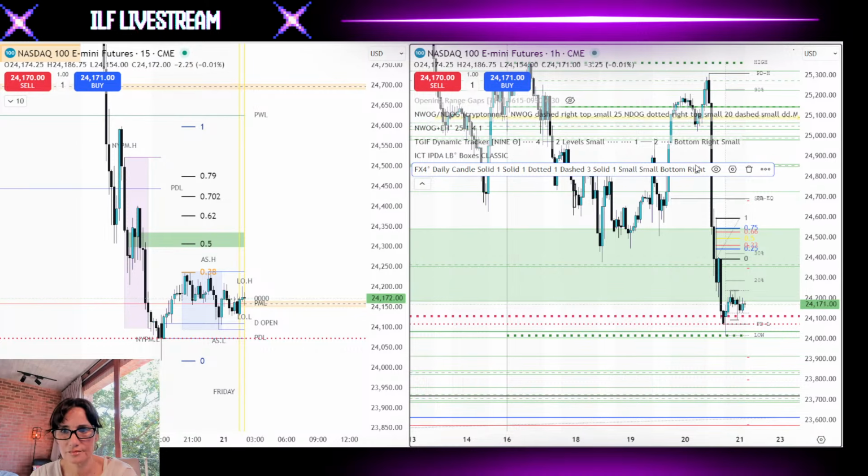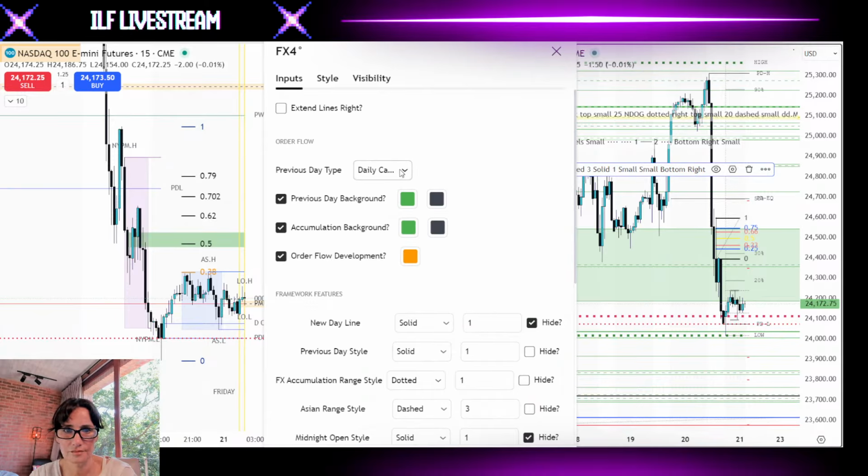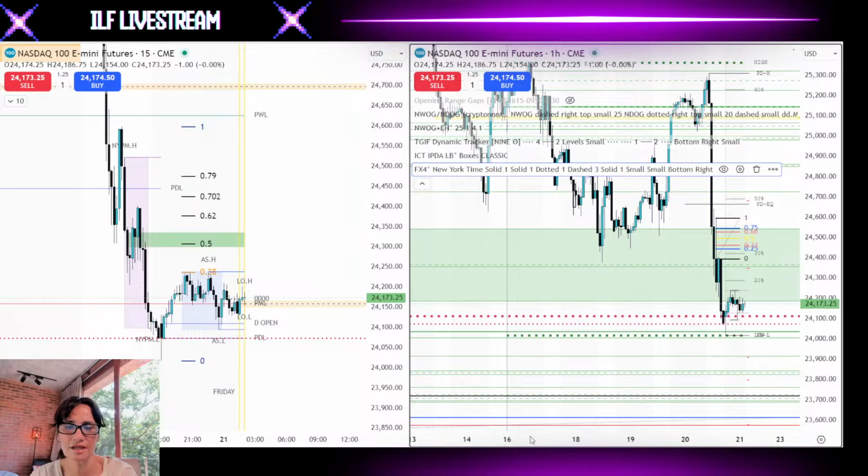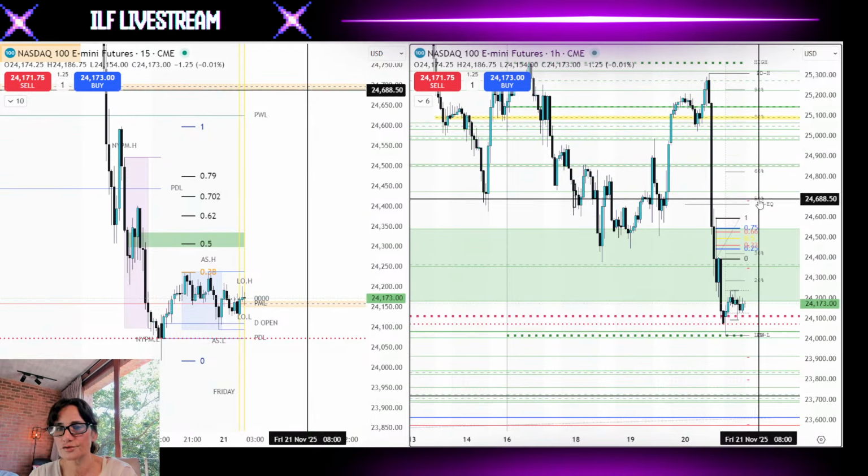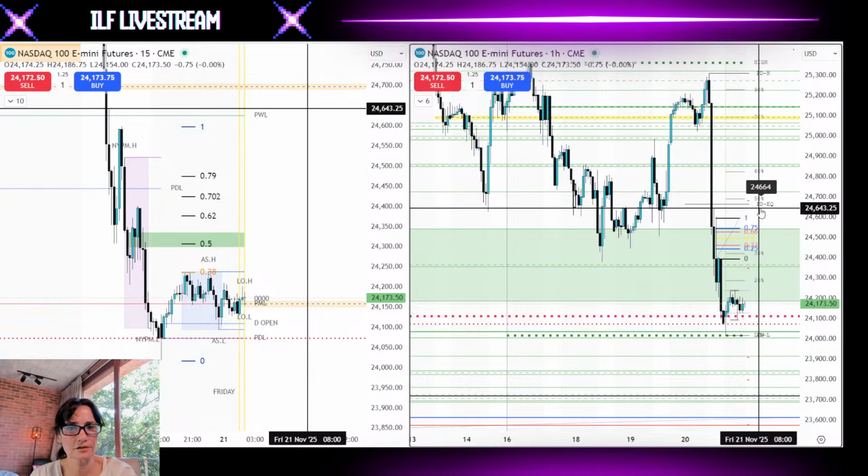Okay, it doesn't matter. I always look at the midpoint based on two calculations, from midnight to midnight and just the daily candle. They're very close. So it's right over here.